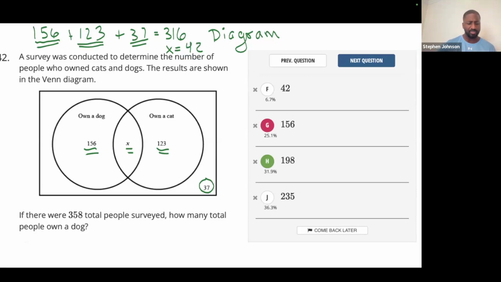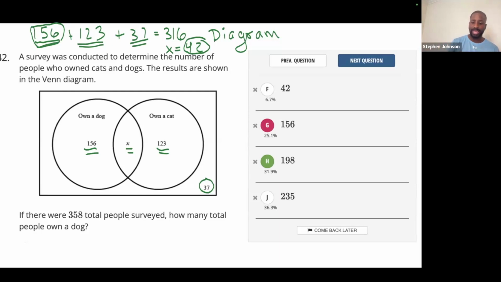So what's the question? If there were 358 total people surveyed, how many total people own a dog? Well, we know 156 people own a dog, but there are also 42 people who own a dog, because 42 of those people represent the X number who own a dog and a cat. So we have the dog owners that are only dog owners, but we also have the dog owners who happen to also be cat owners.